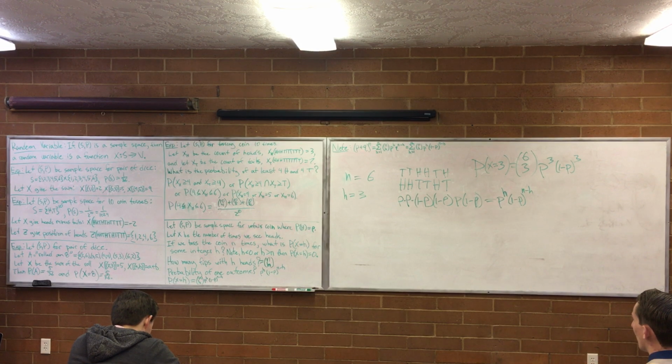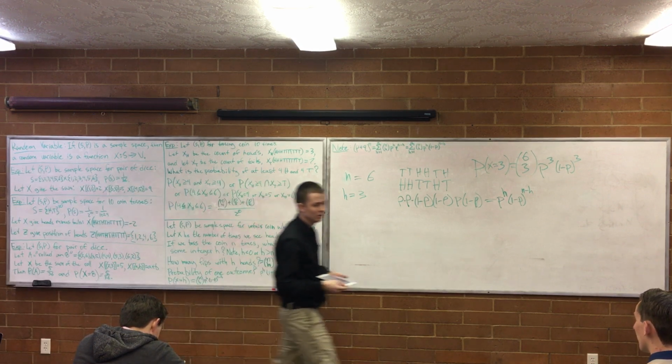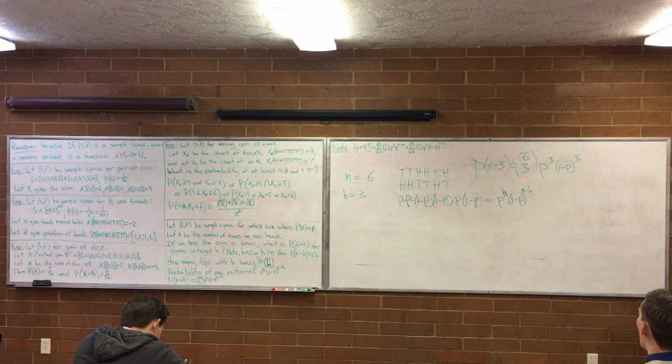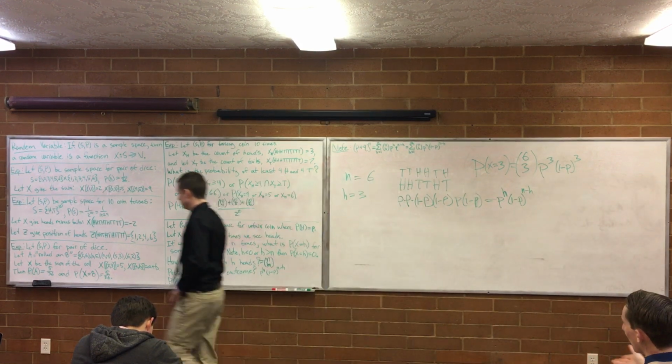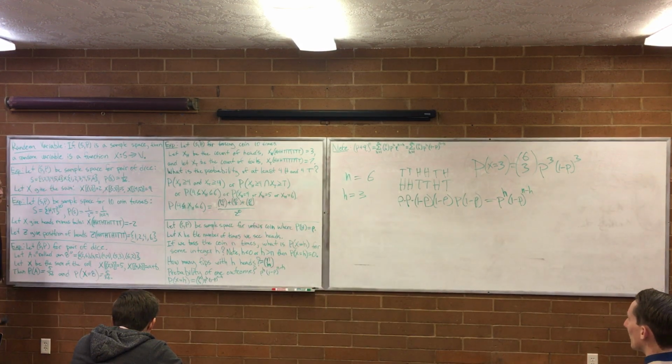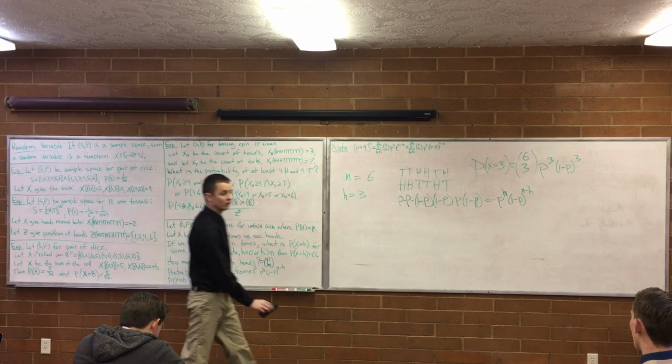Is there another way of coming up with that equation that doesn't involve coin tosses? I'm just noting that the way that we came up with this is you wrote HHT, THT, and you said what's the probability that we found that. Was there a different way to think about it?